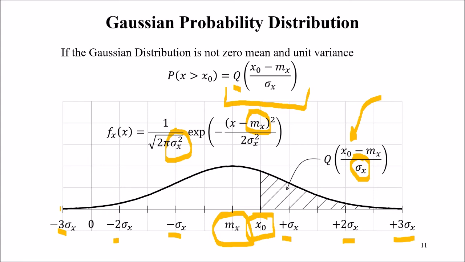And then this will evaluate to a number inside the parentheses, and we can look up the value in the Q table, and that will give us the area under the curve for any Gaussian distribution, as long as we know the value we're looking for the area, and we know the mean value, and we know the variance. Consequently, we know the standard deviation.